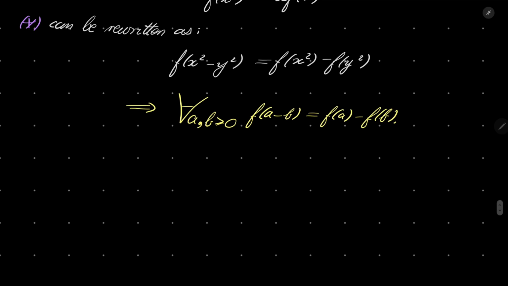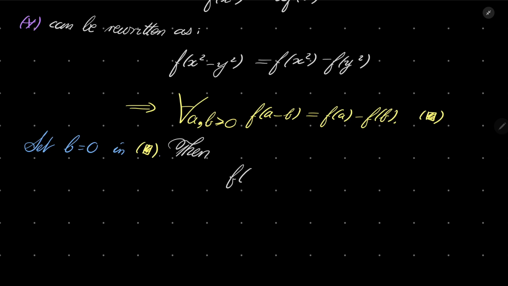In particular, let's set a to be 0. Then we have the following: f of minus b equals minus f of b, i.e. f is odd. Our function is odd.